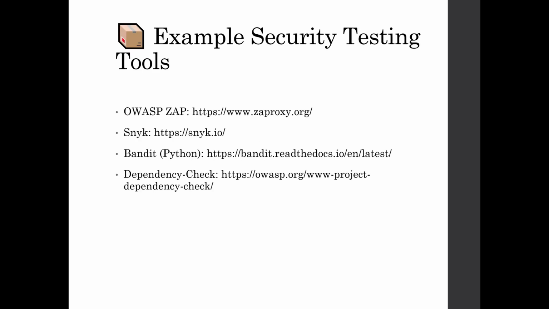So tools. Some of the tools that we can use for security testing to help us find and fix vulnerabilities, like always, really depends on our stack and the server architecture that we're using. So tools like OWASP, a popular open source tool that gives us dynamic analysis of our code base.